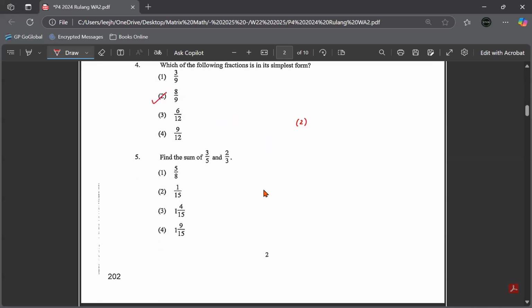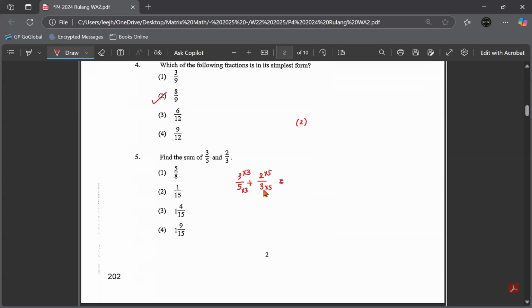Question number 5. Find the sum of 3/5 and 2/3. So sum means plus. So 3/5 plus 2/3. Denominator, make them the same. It will be the denominator of 15. So times 3, times 3. This one times 5.